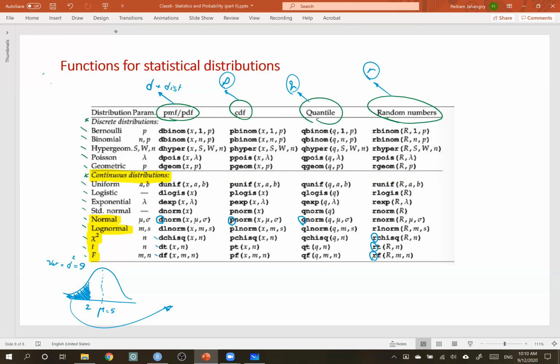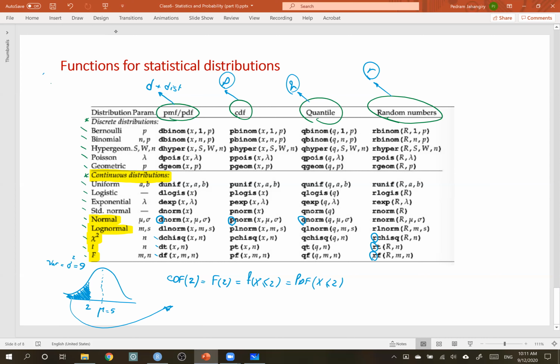We know from statistics this is going to be equal to the CDF of number 2, right? We show it with capital F, or it's equal to little f of, capital X is less than or equal to, they're all the same, of x less than or equal to 2, right?